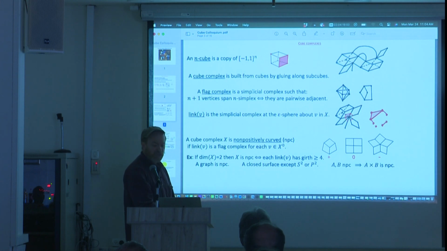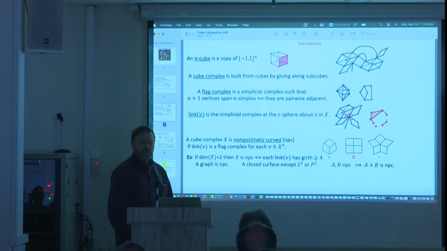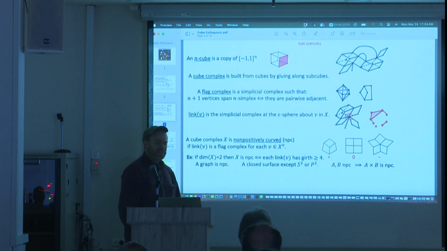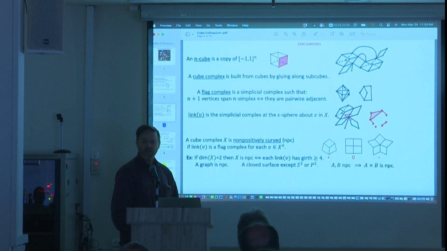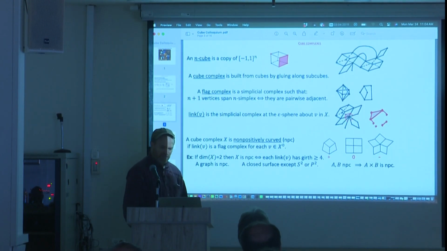So a flag complex is a simplicial complex with the property that whenever n plus 1 vertices span an n simplex, that's actually the same thing as those vertices being pairwise adjacent. It took me a while to learn that definition, actually.